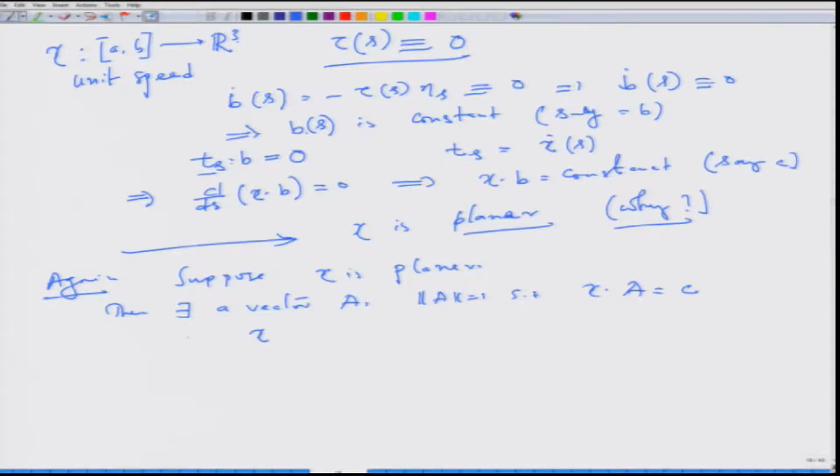So, that means the derivative of gamma dot A is also 0, that will give you T dot A is 0, and if I take another derivative, T dot dot A is also 0, but T dot is the curvature times eta s. So, curvature times eta s dot A is equal to 0.